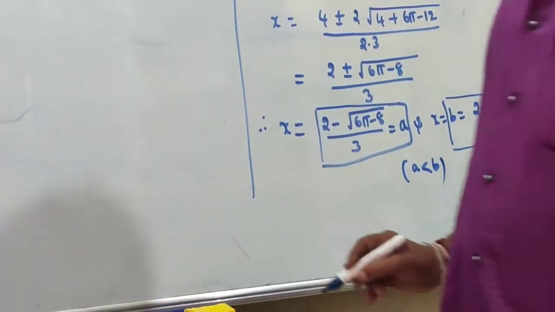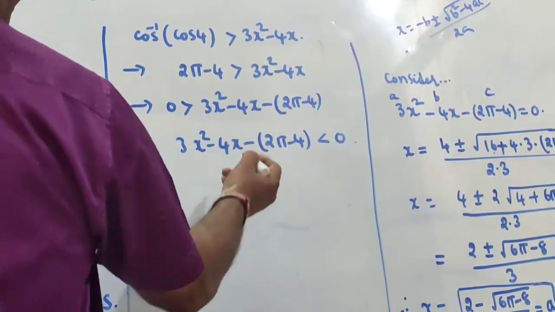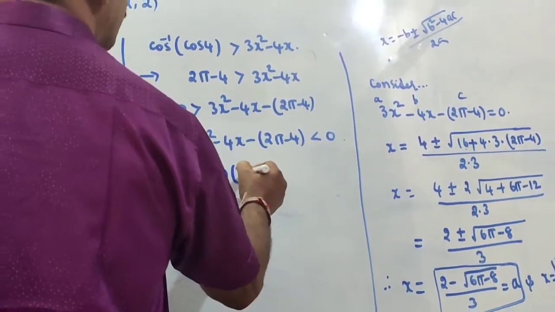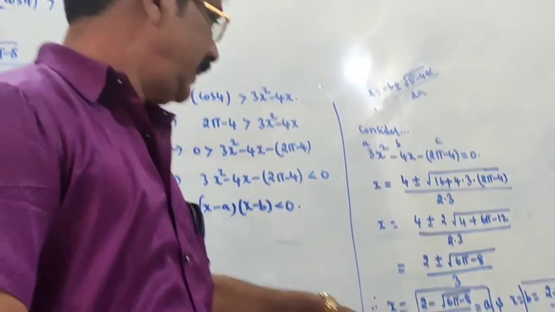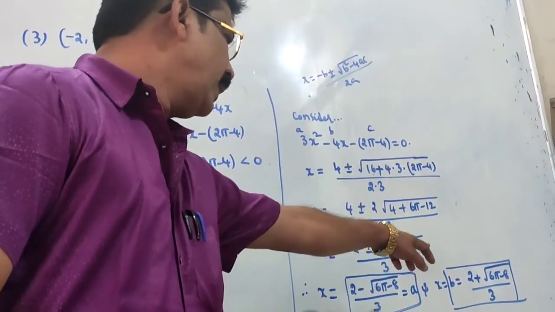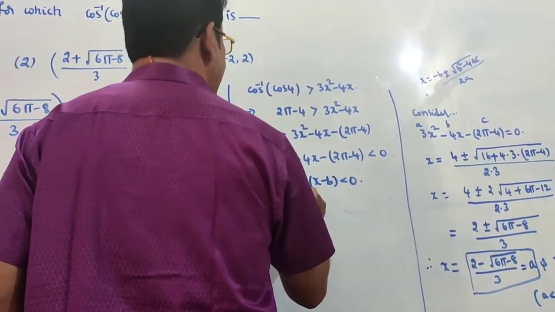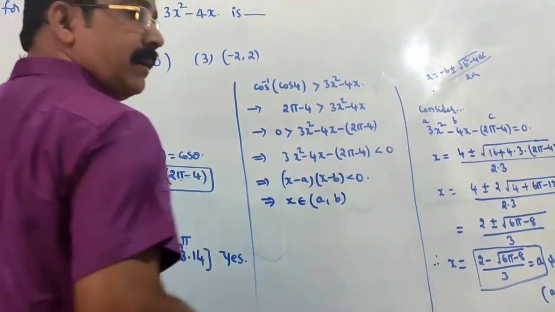So here it is nothing but x minus a into x minus b is less than 0. A is this root, b is that root. So x belongs to the open interval a comma b.